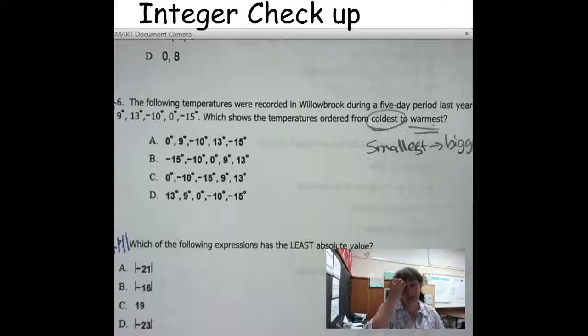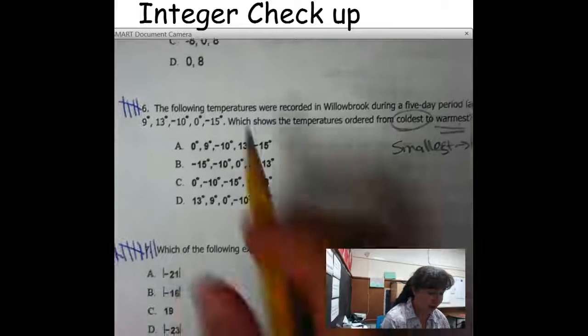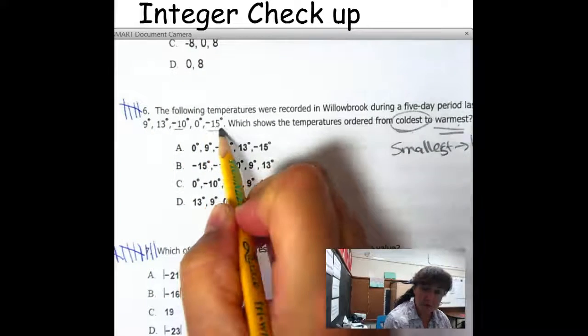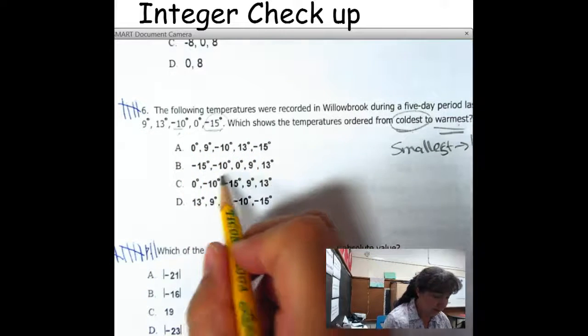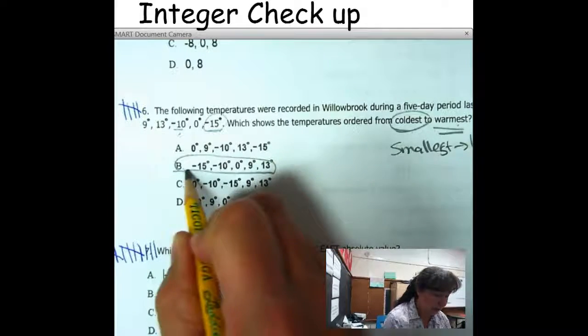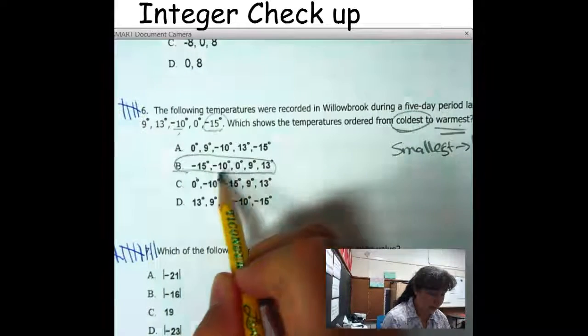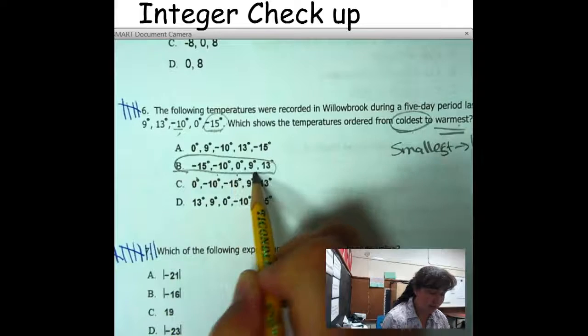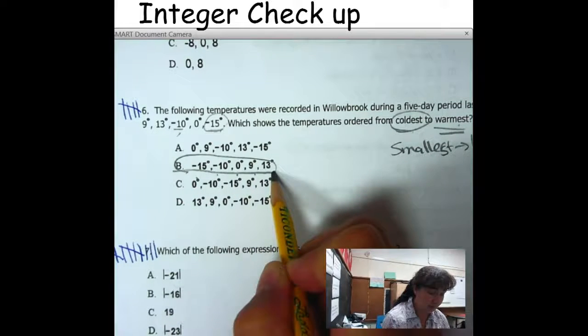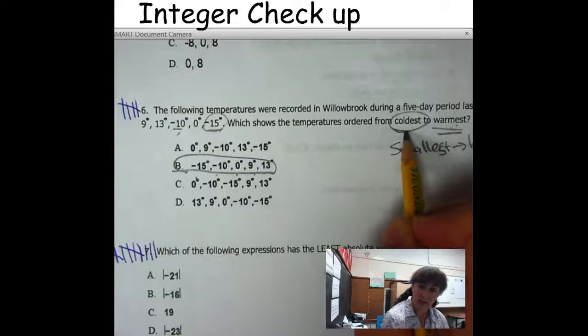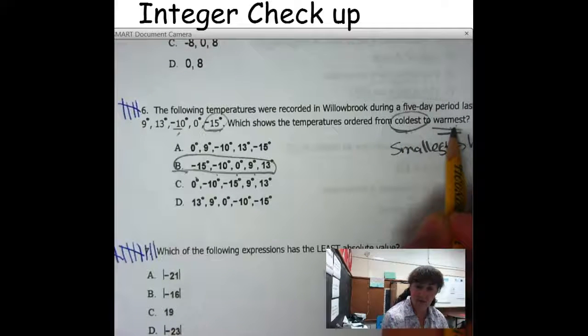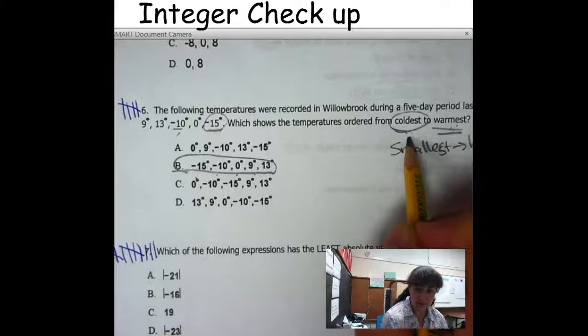The lower the number, the colder it is. Okay, so if I put these in order, I know that the negative numbers are the smallest ones, and negative 15 is smaller than negative 10. Okay, so that's going to match letter B. Negative 15, negative 10, 0, 9, and 13. Okay, coldest to warmest is the same as saying smallest to biggest. The lower the number, the colder it is.